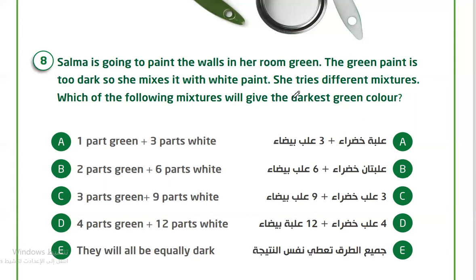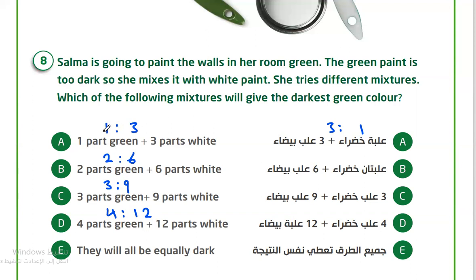In the first mixture there is 1 part green and 3 parts white. Here 2 parts green and 6 parts white. Then 3 parts green and 9. Here 4 and 12. And the last option is that they will all be equally dark.